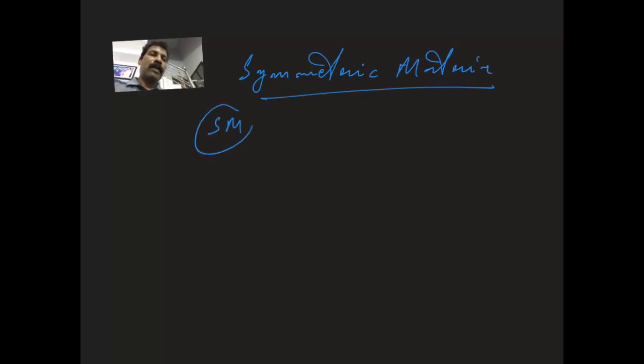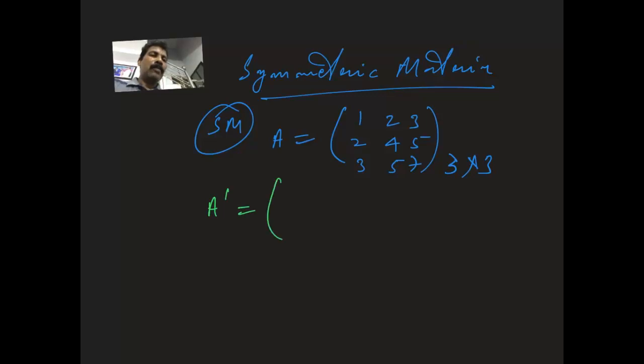Symmetric matrix. Now consider a square matrix. Capital A is equal to, so let us consider a 3 by 3 square matrix: 1, 2, 3, 2, 4, 5 and 3, 5, 7. Now we shall find its transpose, that is A dash. So what will happen?